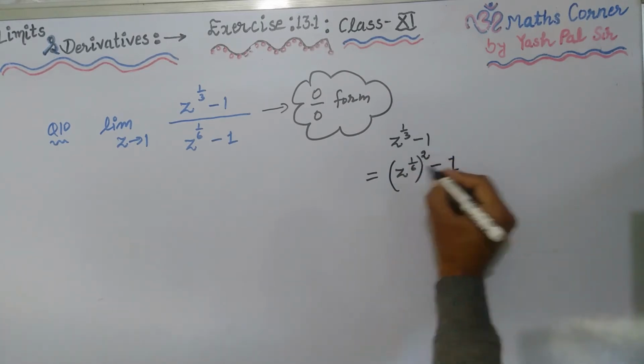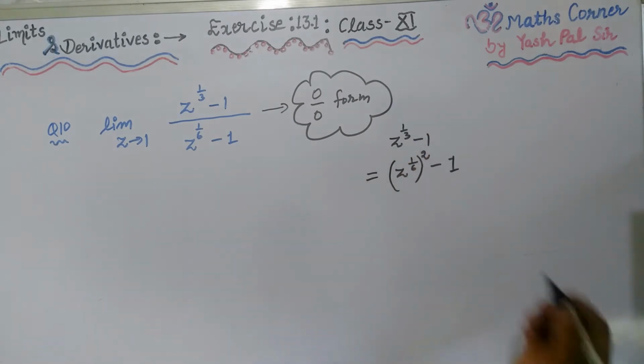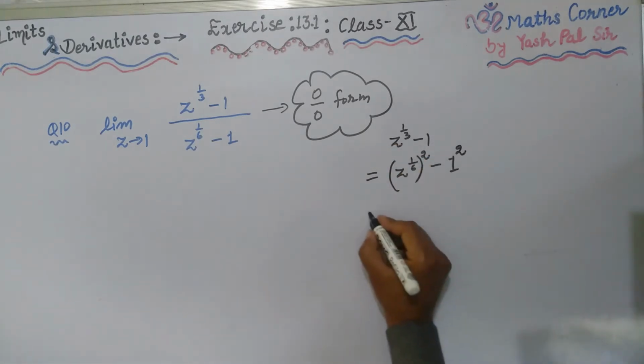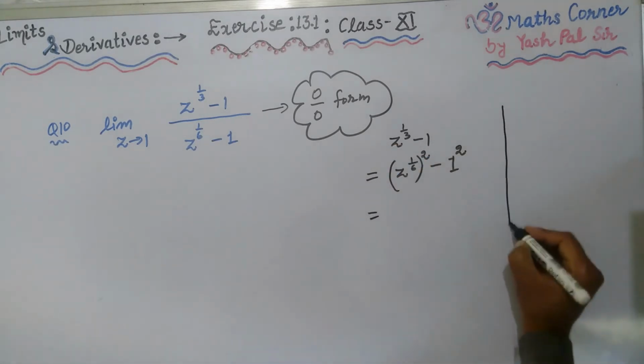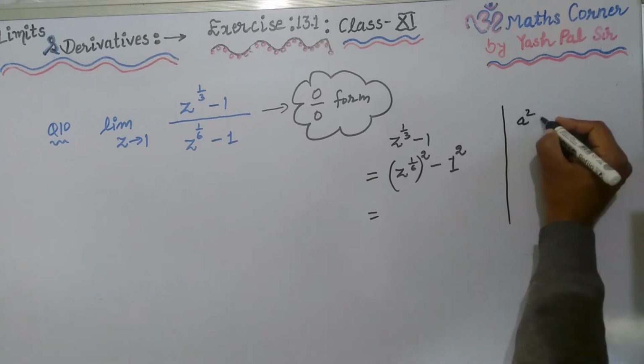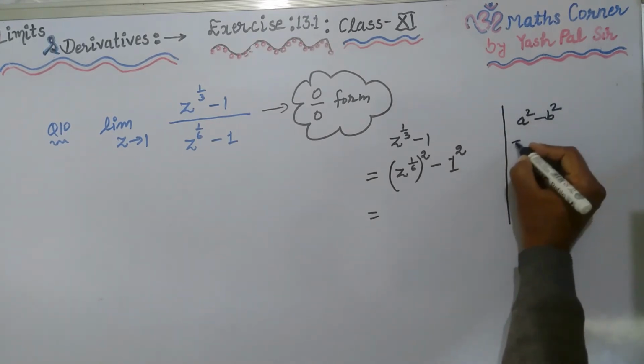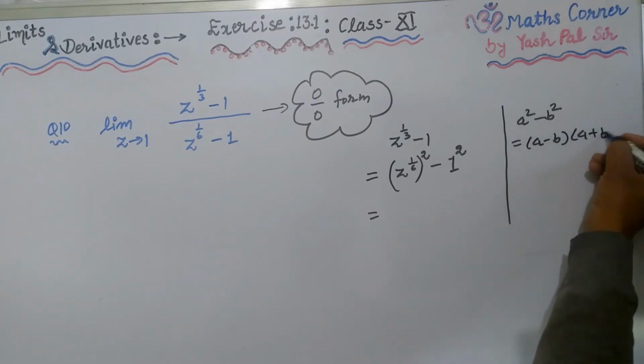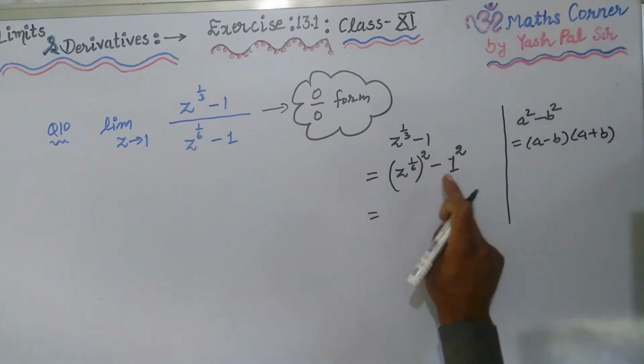Okay, 2 upon 6, that is 1 upon 3, there is no change. 1 we can write 1 square. Why are we doing this? Because we are interested to make the factors like this. A square minus b square is equal to a minus b into a plus b, right? So a square, b square.